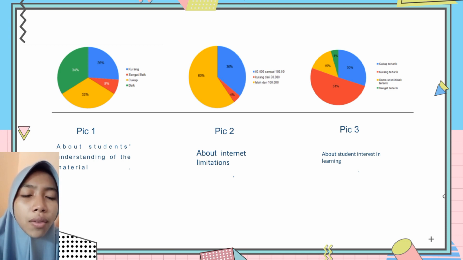The challenge for the government is when online learning is implemented in areas where accessibility, infrastructure, and digital literacy are still low.